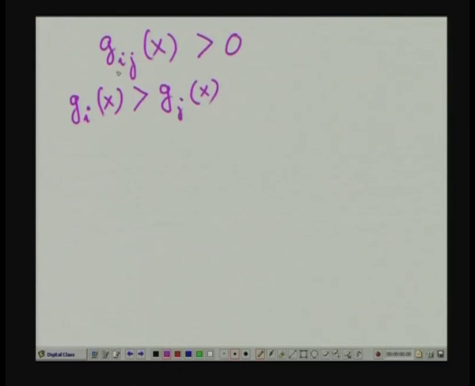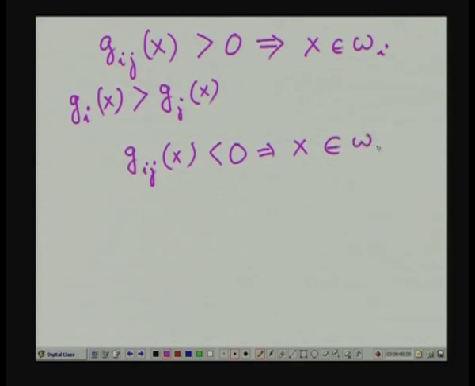So, if g i j x is greater than 0, I immediately infer that x belongs to class omega i. Whereas, if g i j x is less than 0, I immediately infer that x belongs to class omega j. So, what we have to do in this case is, for every pair of classes, generate a discriminant function of the form g i j x.